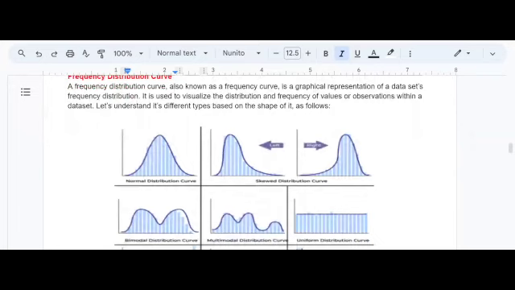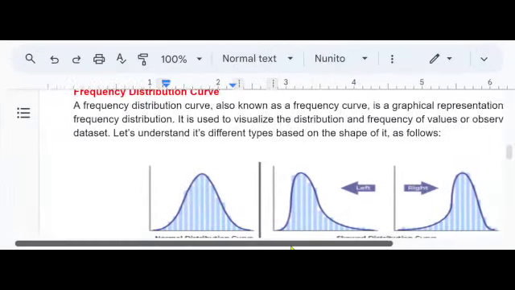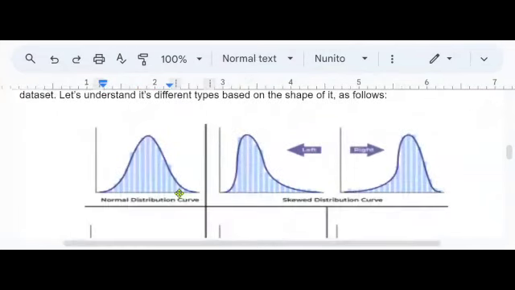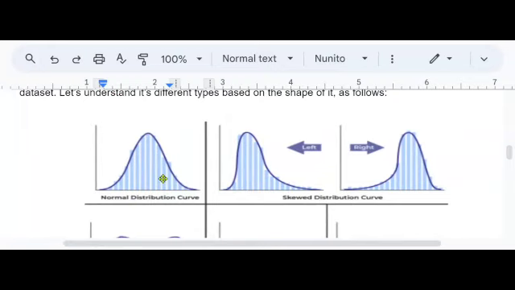The histogram has curves sometimes. As you can see, the first one is called normal distribution, this one on the left side. It's symmetric and bell shaped. It looks like a bell, and the data is concentrated around the mean.